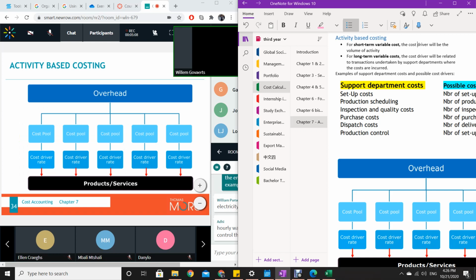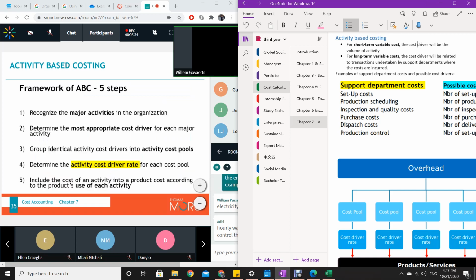So you have like here again, maybe from bottom up: the product services consume, via the cost driver, activities which lead to resources. So the overheads are the resources. The cost pool is the activity, and you need a key to relate it to the product.